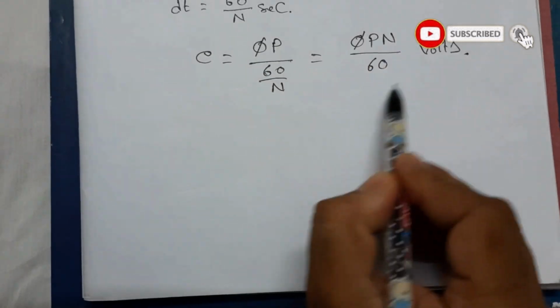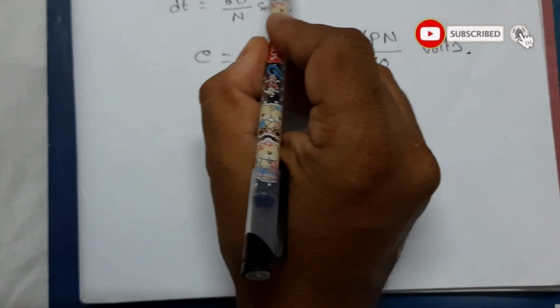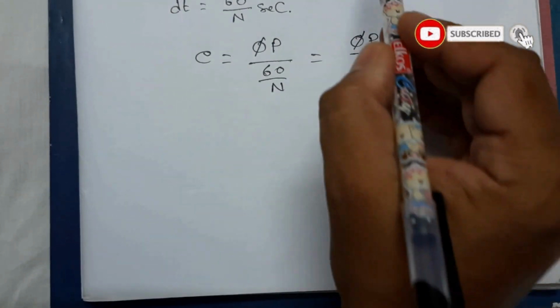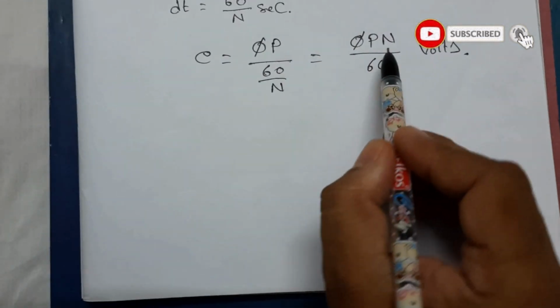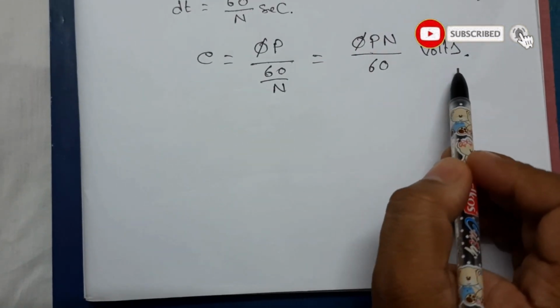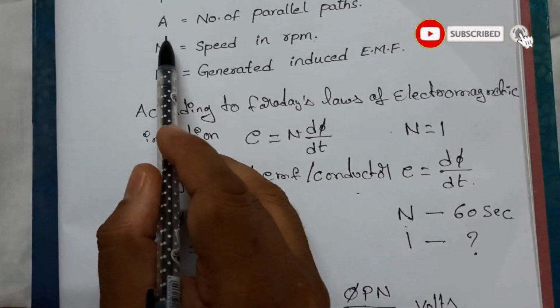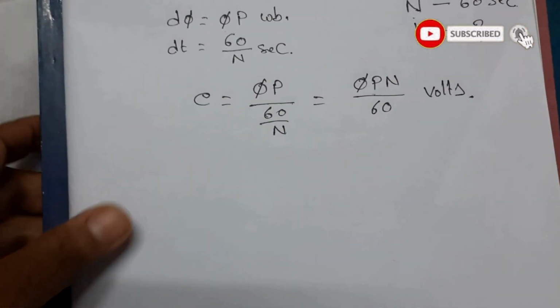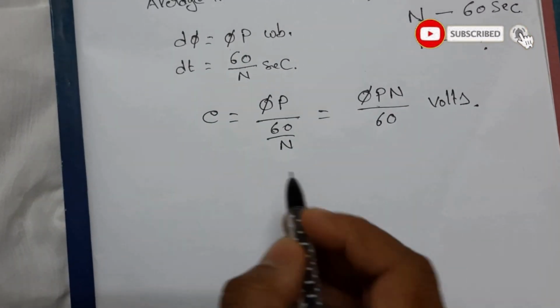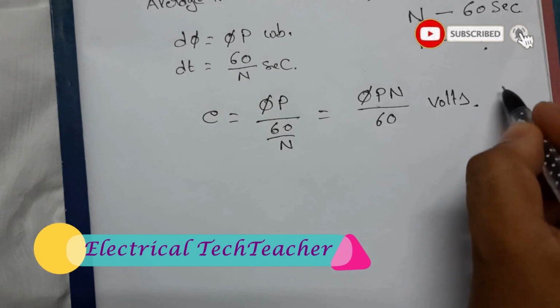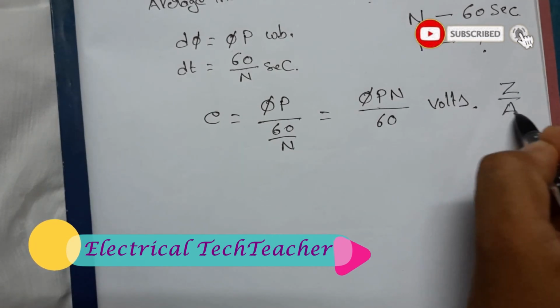So ΦPN by 60 volts is the average induced EMF per conductor. But the total number of conductors is Z and the number of parallel paths is A. So we have Z by A conductors per parallel path.